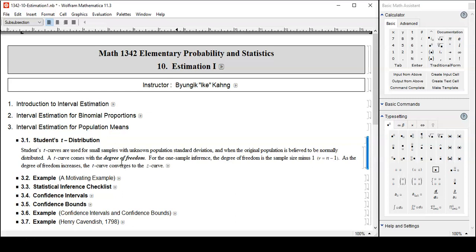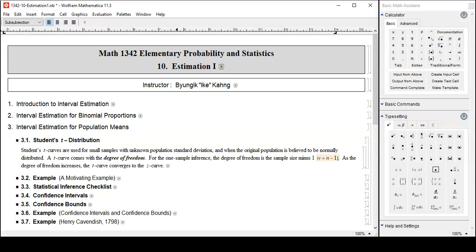T-curves come with the degree of freedom. And the degree of freedom is actually n-1 in this case. As a matter of fact, this has something to do with the dimension, and this is elementary statistics. So everything we do is going to be one-dimensional. So the degree of freedom we're going to learn is going to be n-1 all the time.